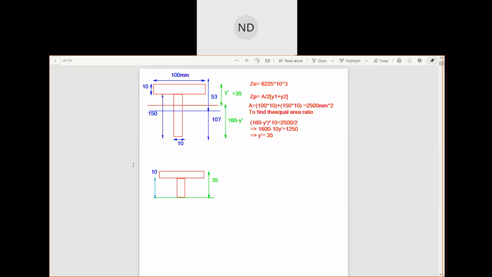This is 25. So ZP is equal to this much.